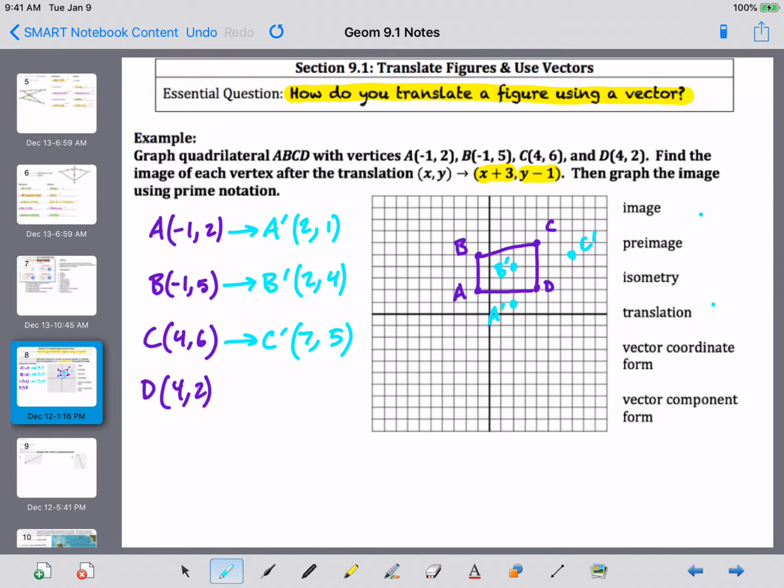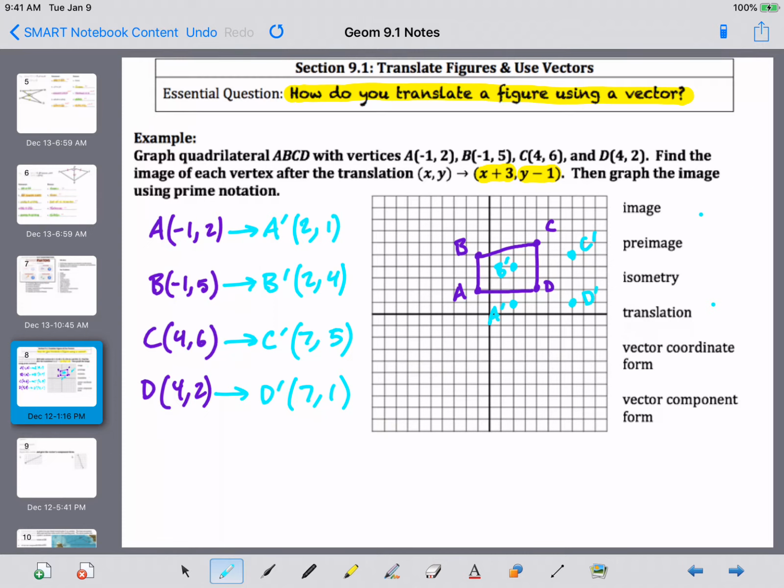So there we go. And lastly, for point D, it's going to be 7 comma 1. Whoops, and that would be D prime at 7 comma 1, so over 7 and up 1.